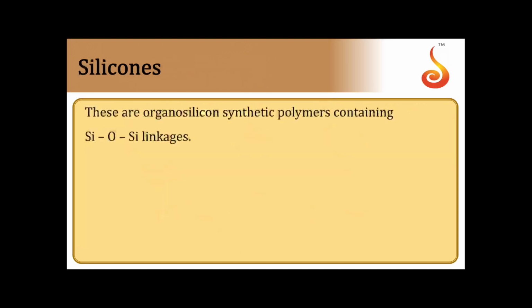Then comes some organosilicon polymers. Silicones are organosilicon synthetic polymers containing Si-O-Si linkages. They are obtained by hydrolysis followed by condensation of alkyl halosilanes.